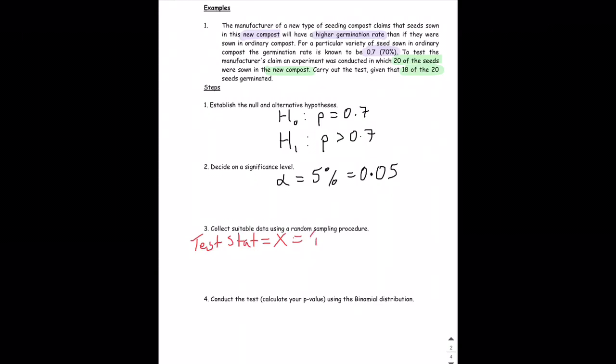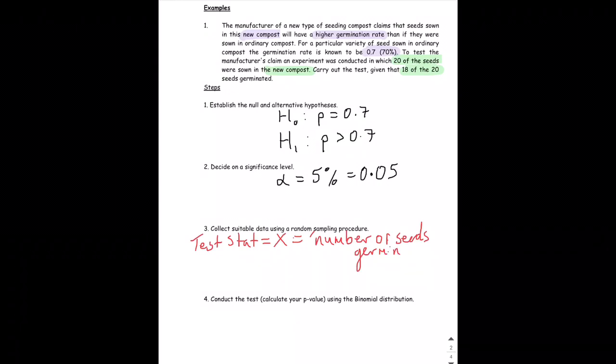There we go. So we collect suitable data using random sampling. Well, they did that for us. So what are we going to test? Our test statistic, which is X, is the number of seeds germinating.